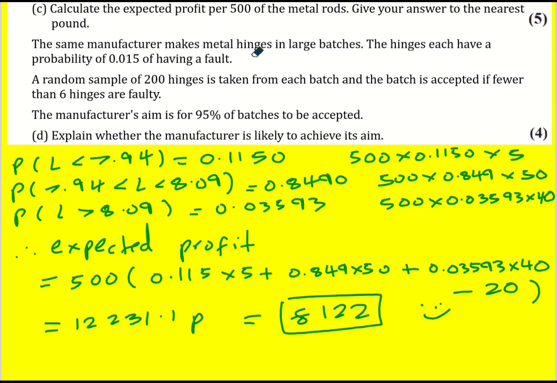So we're actually back to a binomial distribution here. I'm going to say that X follows a binomial distribution with 200 trials and probability of success, which is it having a fault, of 0.015. X is then the number having a fault.